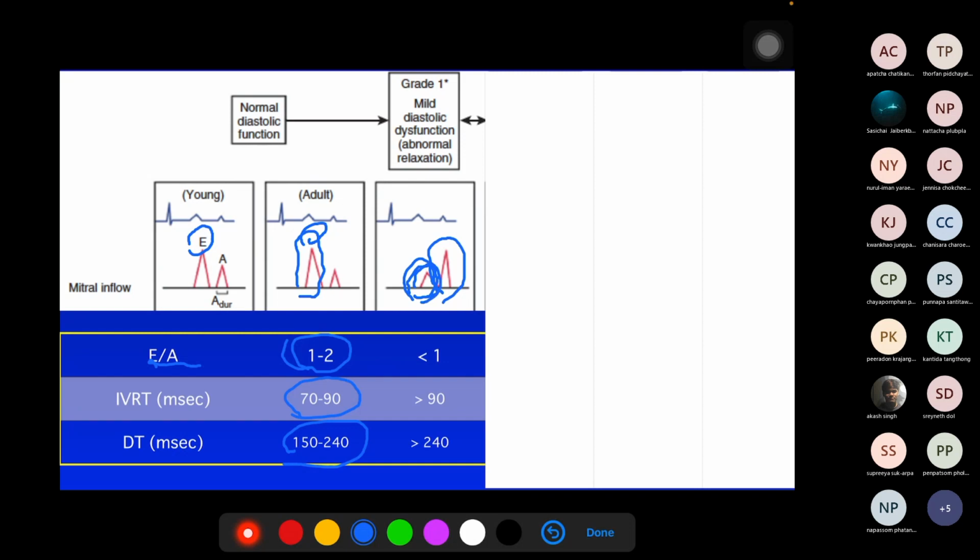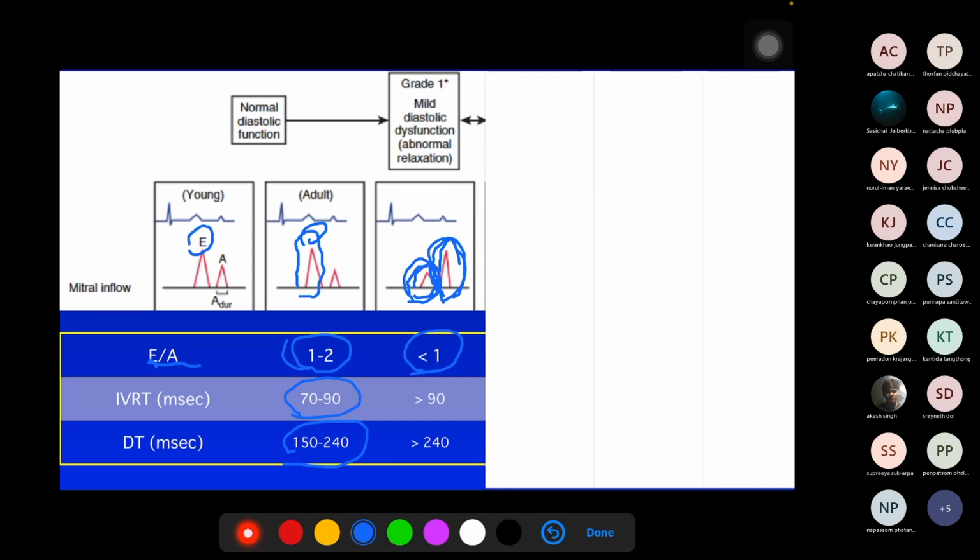So when the E is decreased, the A, or atrial contraction, takes action to compensate for the abnormal LV relaxation. That's why the E wave is decreased and the A wave is increased in the early phase of diastolic dysfunction. So the E/A ratio is decreased to less than 1. This is the first state of grade 1 diastolic dysfunction.